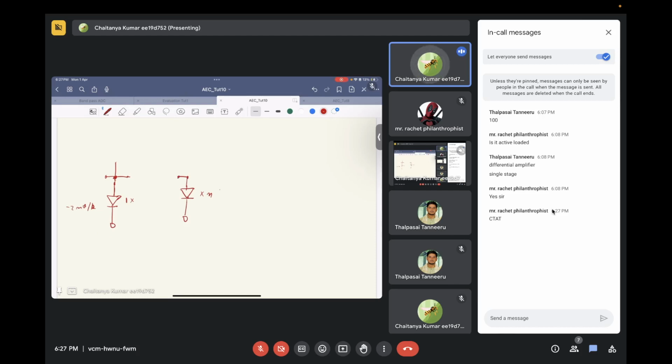So we try to create a current that has a positive temperature coefficient. How do we do it?